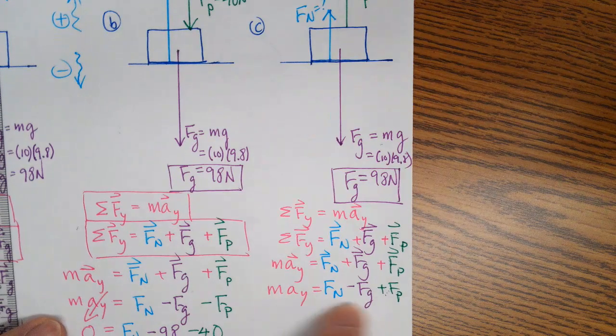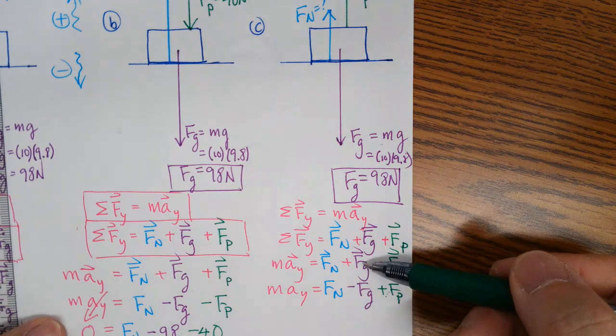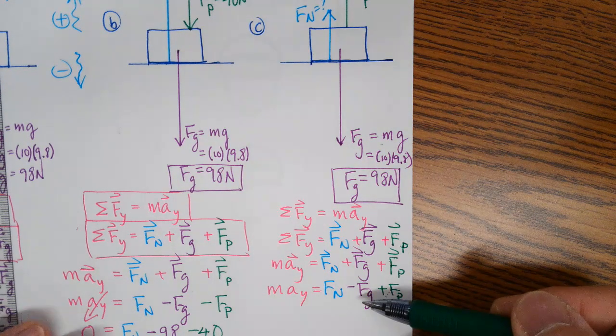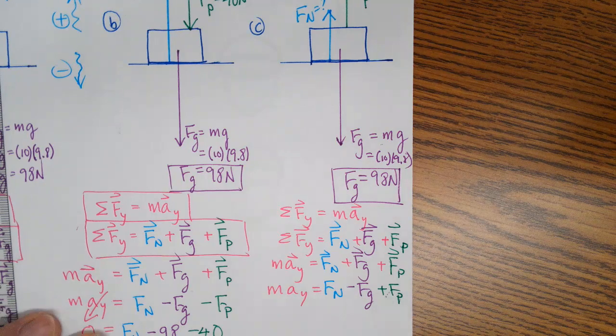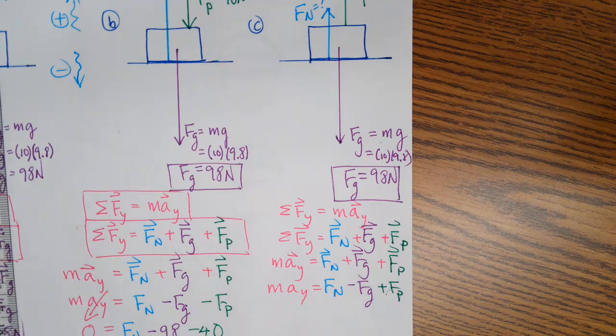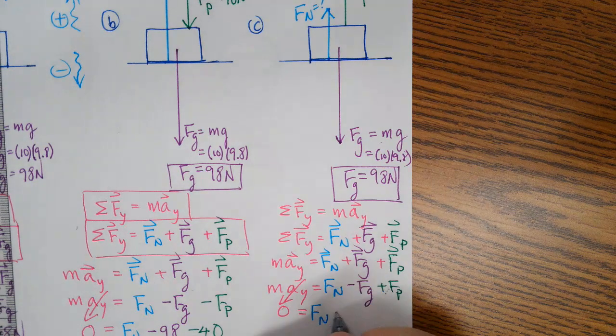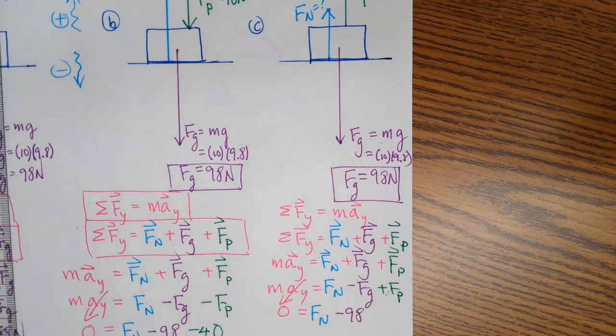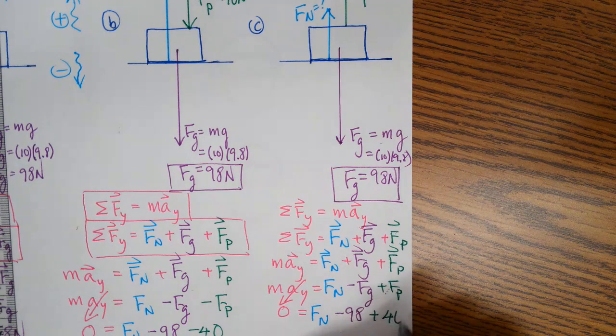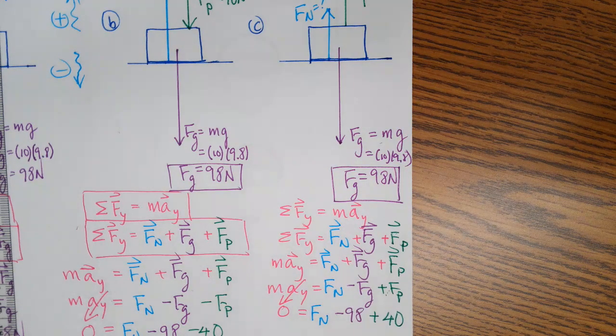This is important from this step to this step, because you have to really make sure you give the right directions to this. Okay? And my a_y is 0. Therefore, my F normal minus 98 plus 40 is equal to 0.